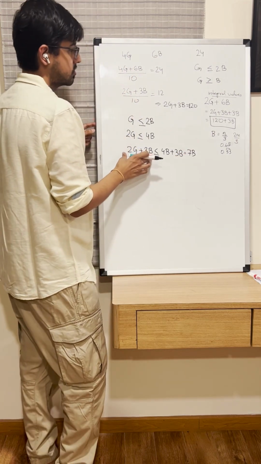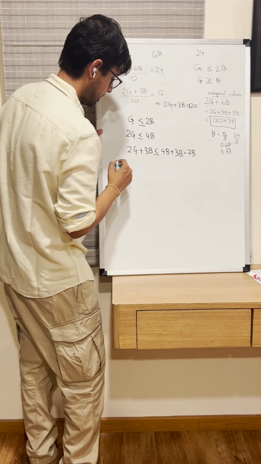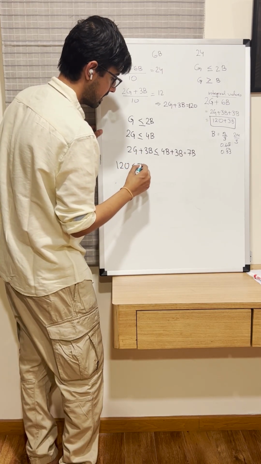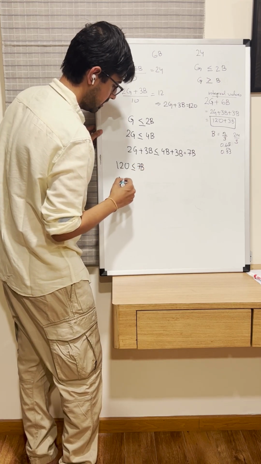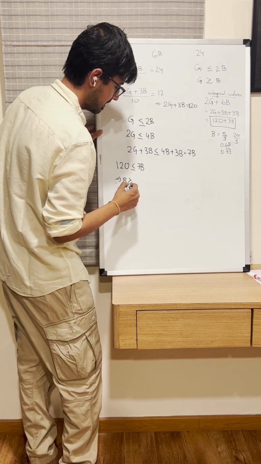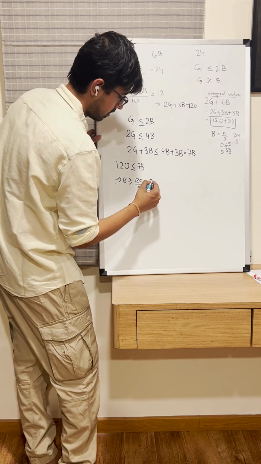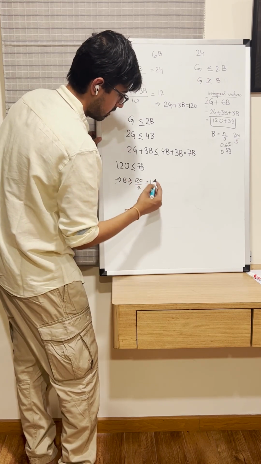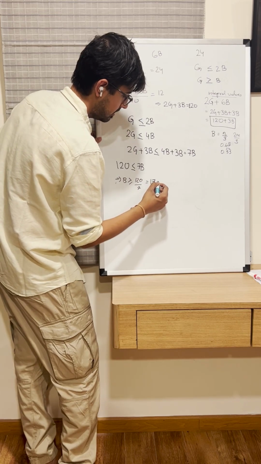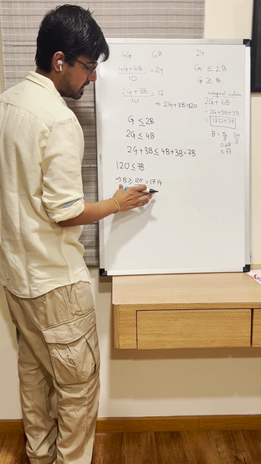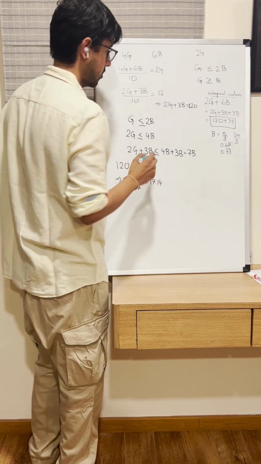Now we know 2G plus 3B is equal to 120. So 120 is less than or equal to 7B, which will give me B is greater than or equal to 120 by 7, which is 17.14. So B is greater than or equal to 17.14.